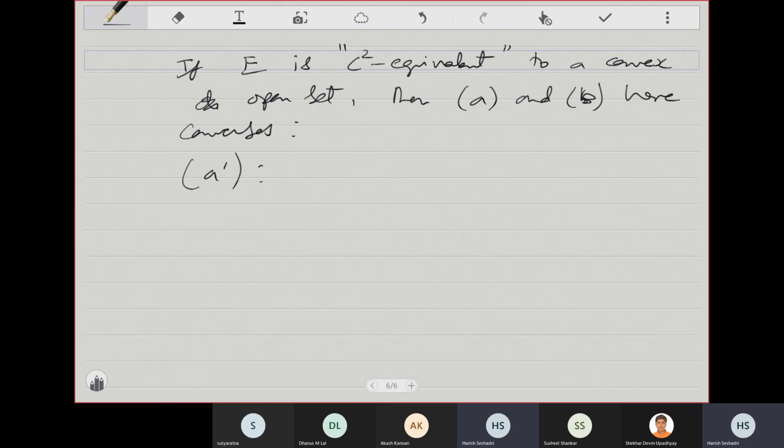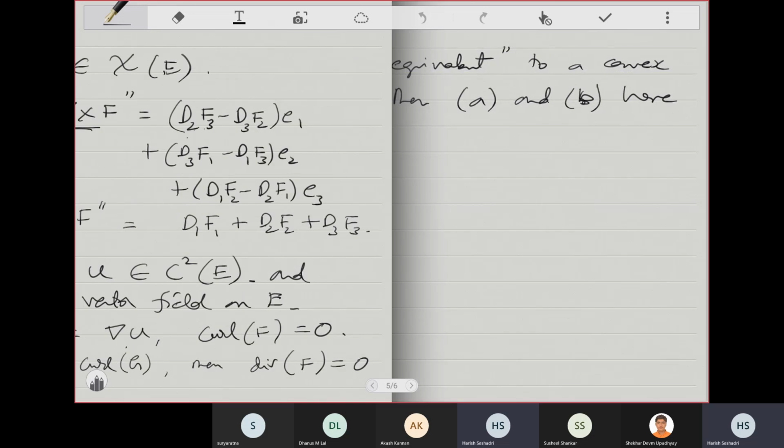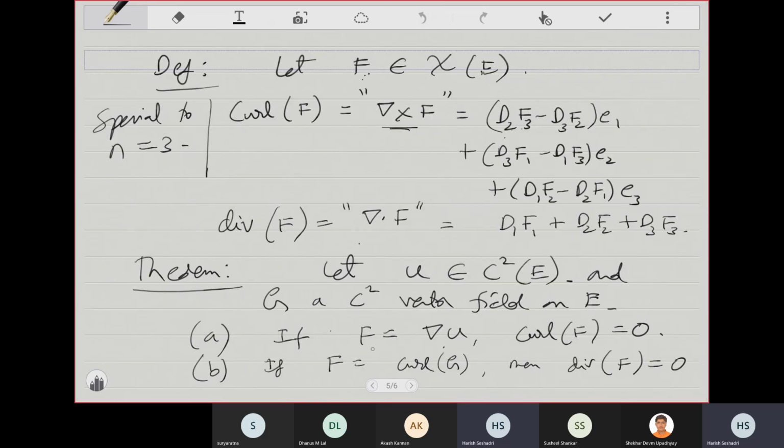A prime is that, let's see what this is. A says that if F is the gradient, then its curl is 0. So the converse would be: if the curl of F is 0, then F is the gradient of something.